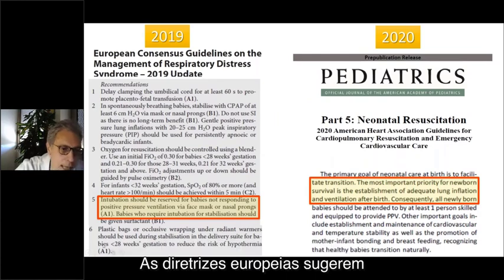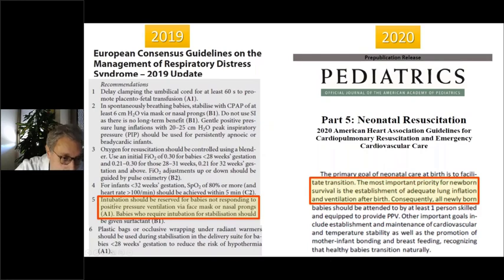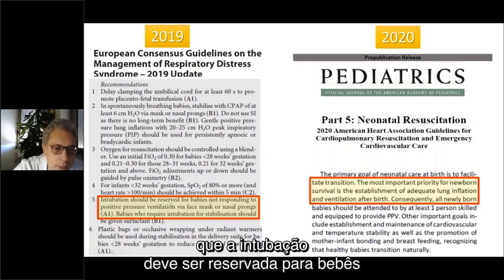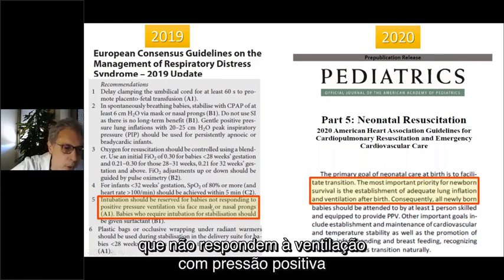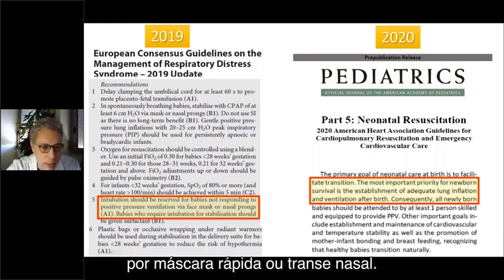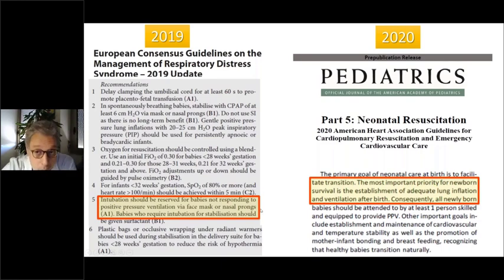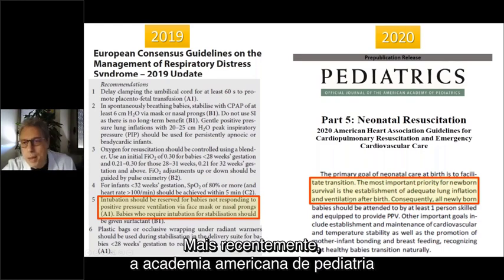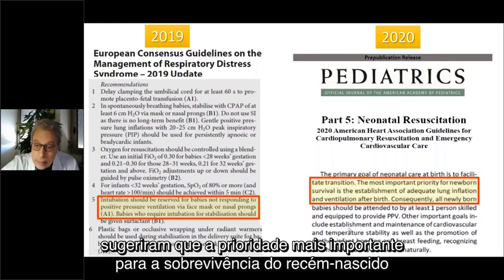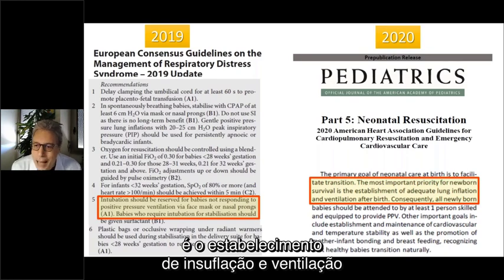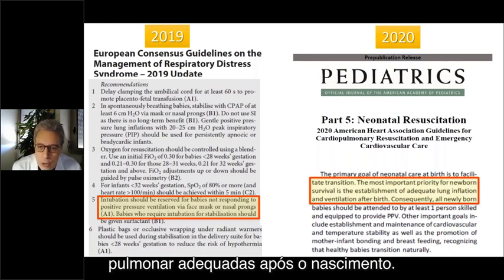The European Guideline suggests that intubation should be reserved for babies not responding to positive pressure ventilation by face mask or nasal prongs. And more recently, the American Academy of Pediatrics suggested that the most important priority for newborn survival is the establishment of adequate lung inflation and ventilation after birth.